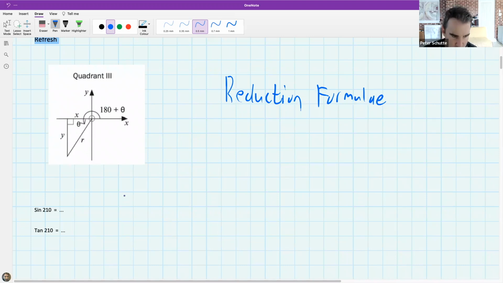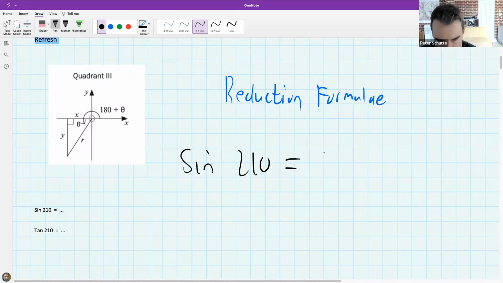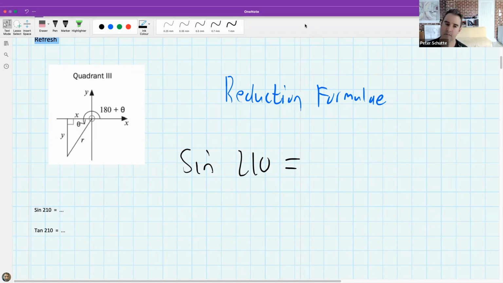And what I said to you in the previous lesson was, if you get something like the sine of 210, you have to rewrite it in a certain way. Can someone come and tell me what that new way of writing it was, to make it easier to reduce a trig expression? Let's go to Masi. Masi, what do we have to do?